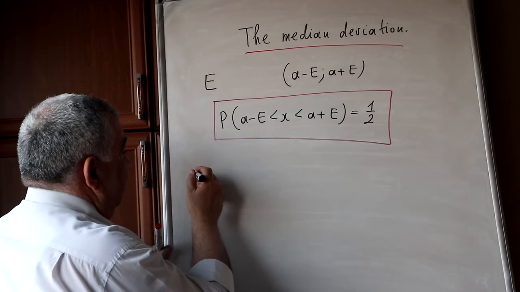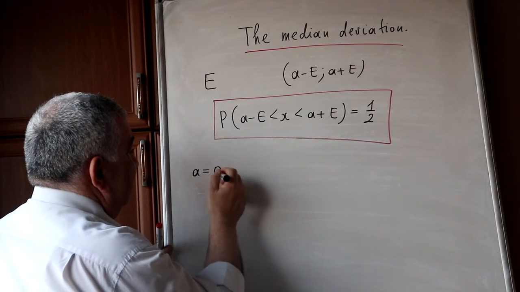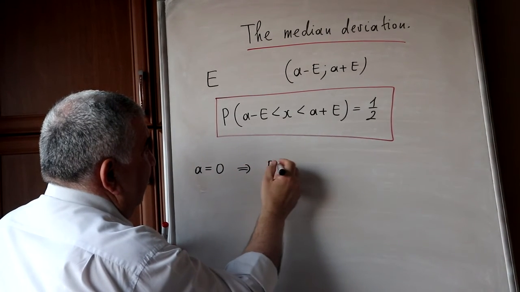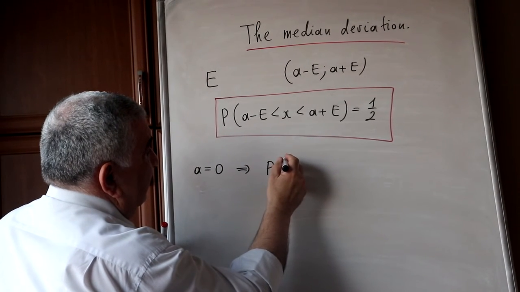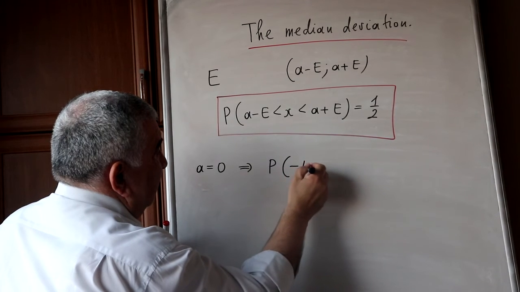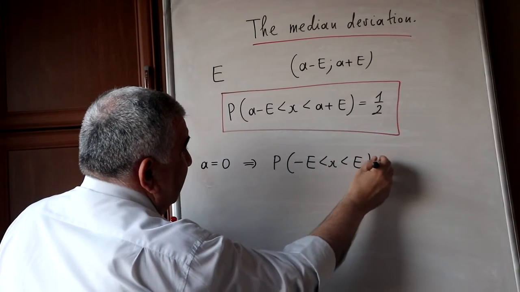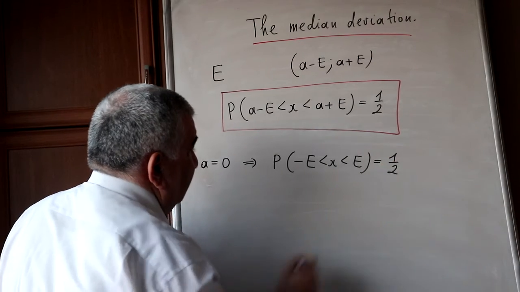If we take A equals 0, then we will obtain P that minus E capital is less than X is less than E capital is 1 second.